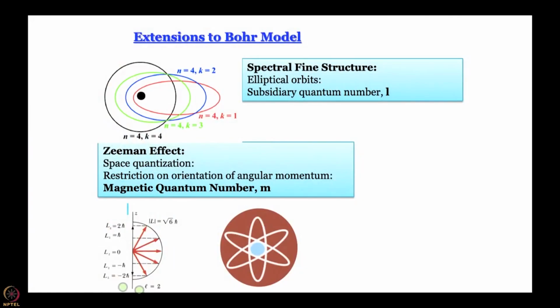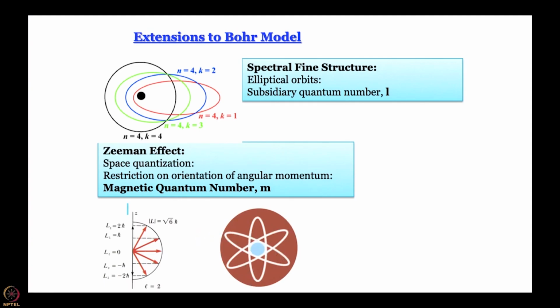And in fact, this model of elliptical orbits oriented in specific directions gave rise to one of the most popular, widely used motifs that we see in many places to depict atoms, and this is that figure. What it shows here is a central nucleus and 3 orbits around it in specific directions.